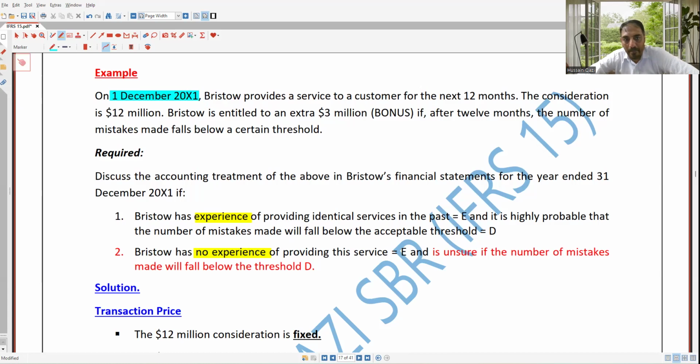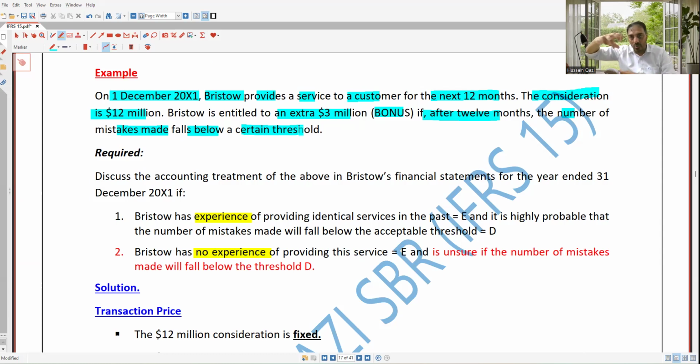1st December X1, Bristow provides a service to a customer for the next 12 months. The consideration is $12 million and an extra $3 million bonus if after 12 months the number of mistakes made falls below a certain threshold. 3 steps.